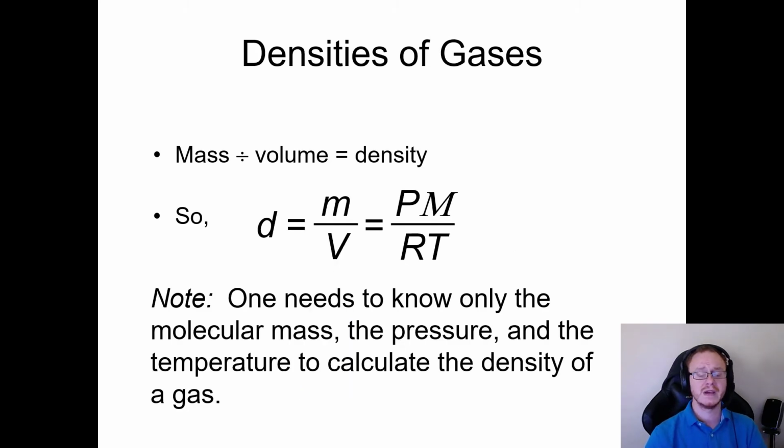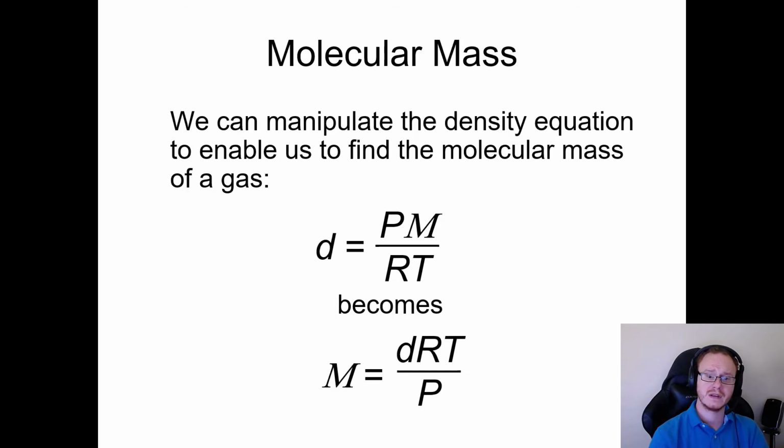Thus, the density of any gas, mass divided by volume, equals the pressure times the molar mass of that gas divided by the R value times temperature. Thus, we can calculate the densities of any gases. Arguably, what's more important is not the density of the gases, but identifying what the gas is.